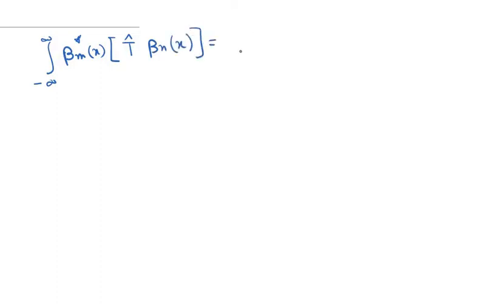This in bracket notation, or Dirac notation, is represented as this bra beta m, which is this part, and then this part is represented as the Ket, which is T beta n.